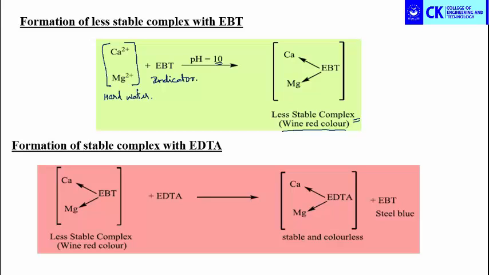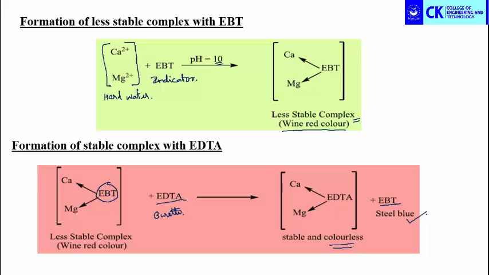After that, we titrate this wine red colored solution with the EDTA, which we have taken in the burette. When we titrate with EDTA, the EDTA forms a strong, stable complex, and the color of the complex is colorless, so it does not show any color. So when all the EBT gets free from the complex, it will exhibit its own color, steel blue.